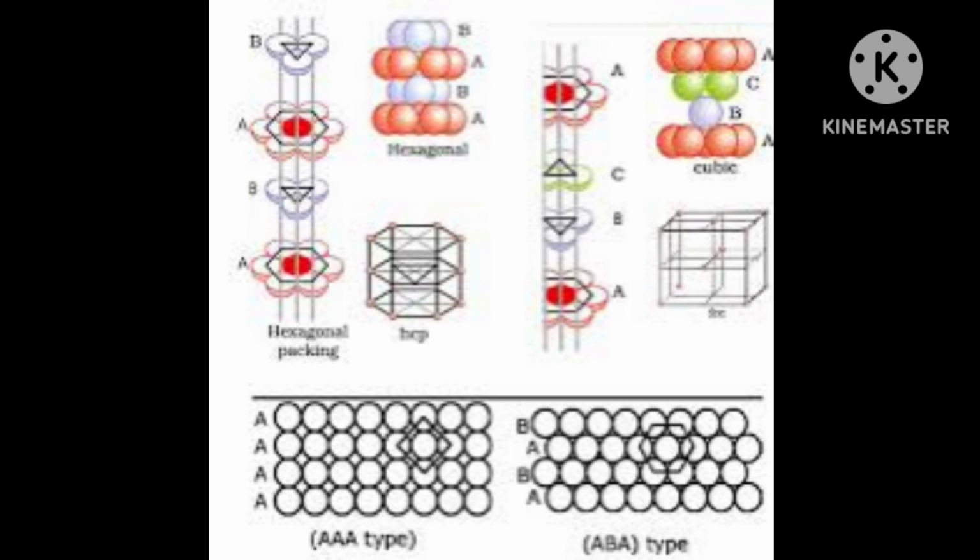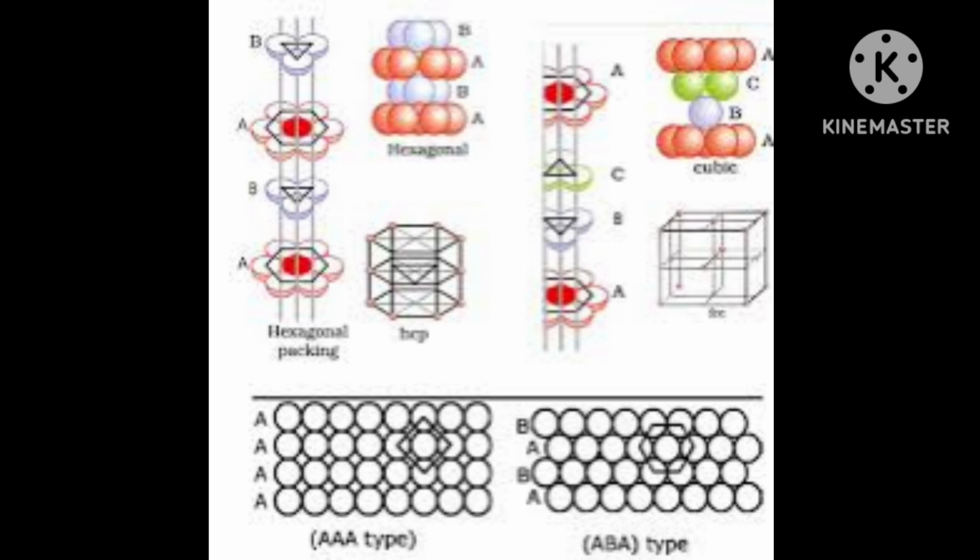If the cation is bigger, then what will happen? Octahedral voids are occupied.